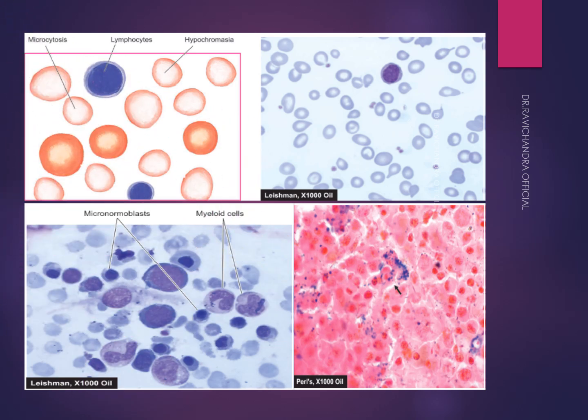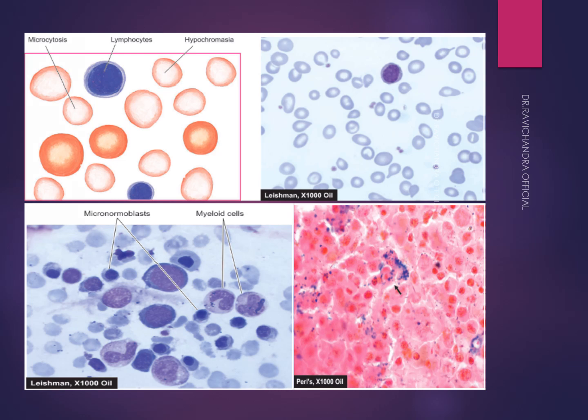This is one more picture showing the peripheral blood smear, a lymphocyte, microcytic hypochromic red blood cells, and bone marrow showing myeloid cells and a micronormoblastic blood picture. And iron staining of the marrow shows iron depletion or decreased iron levels.